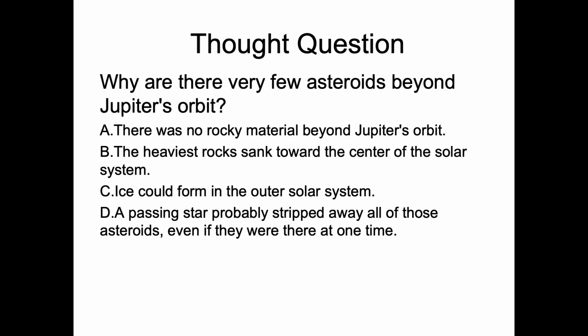It's not that the heaviest rocks sank toward the center of the solar system. This is not the same as differentiation, which we touched on, which is when the most dense material of a planet moves towards the core and the least dense goes to the surface. It's not quite like that.